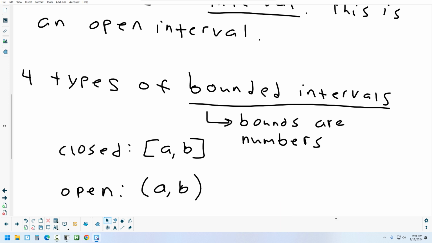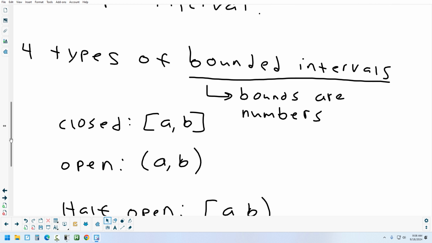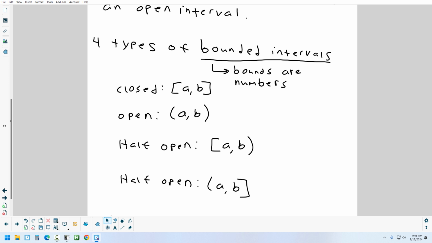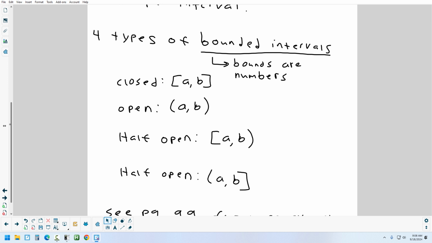So when we're talking about bounded intervals, starting at a number and stopping at a number, there's 4 types of bounded intervals. When we talk about an interval being closed, fully closed, or fully open, that means that it either includes the numbers on both ends, or it does not include the numbers on both ends.